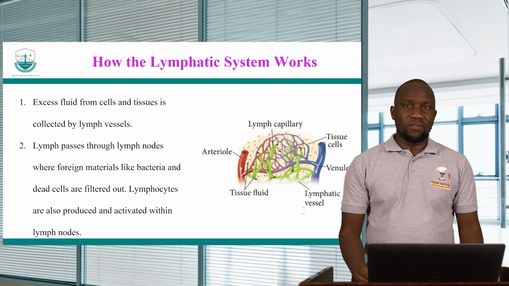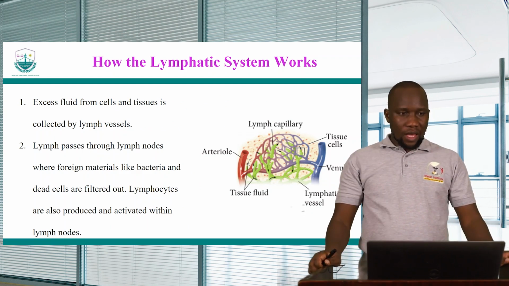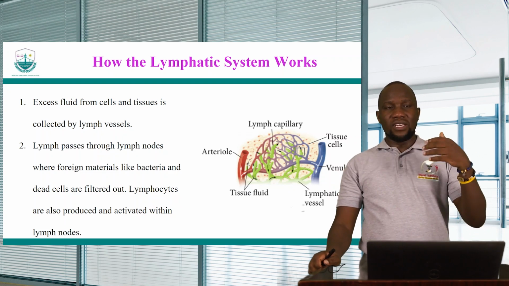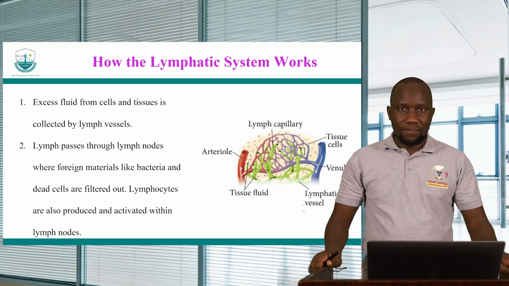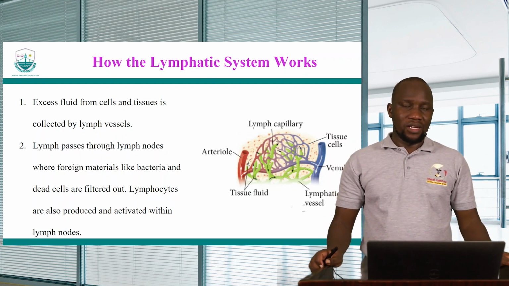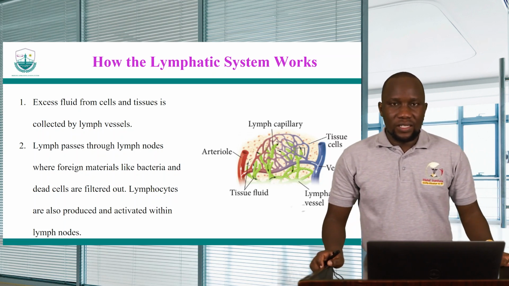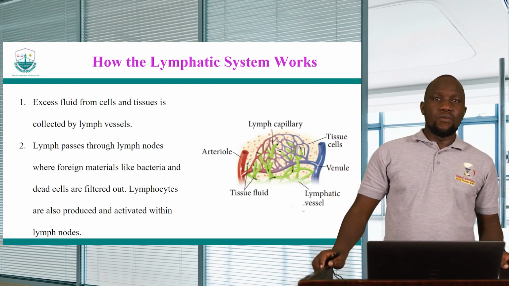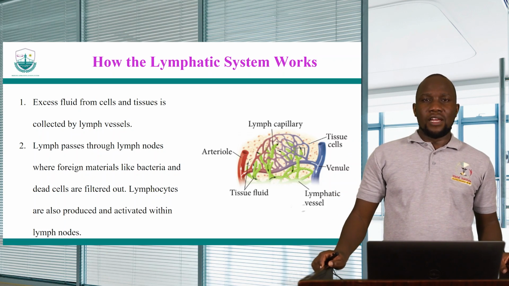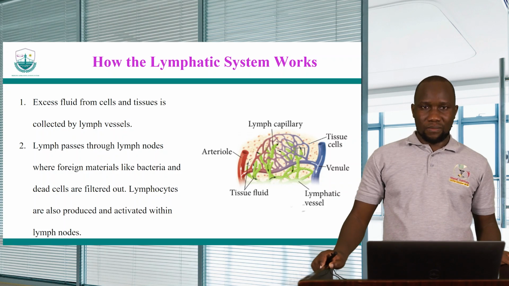For example, we know for the case of the circulatory system, we have the blood that is flowing in the blood vessels, and that blood is pumped by the heart. So what really happens for the lymphatic system? For the lymphatic system, we have lymph as the fluid that is flowing in these vessels.